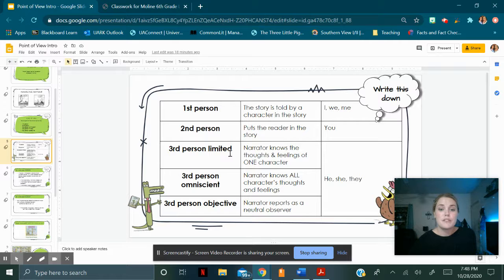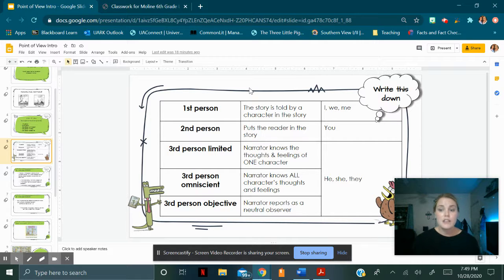Next, we have third person limited point of view. This is whenever the narrator knows the thoughts and feelings of one of the characters, just one. Third person omniscient point of view is whenever the narrator knows all characters' thoughts and feelings. And then third person objective is whenever the narrator reports the story as a neutral observer.